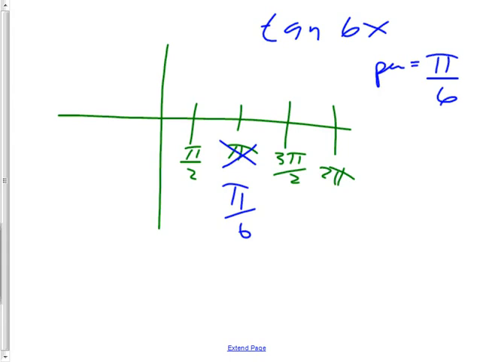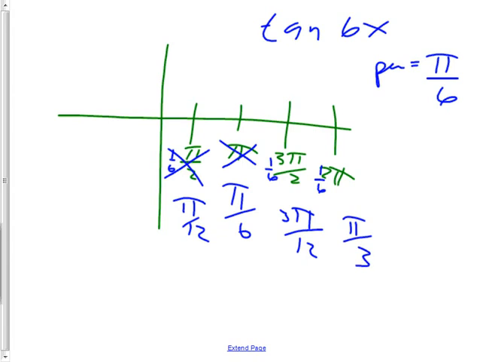And if I change pi to pi over 6, what did I do to it? I multiplied it by 1/6. I have to do that to everything. Pi over 2 times 1/6 makes pi over 12. Multiply it by 6, it's going to make 3 pi over 12, which gets reduced, by the way, to pi over 4. And then this last one times 1/6. 2 times 1/6 would be 2/6, which would be 1/3 pi or pi over 3.